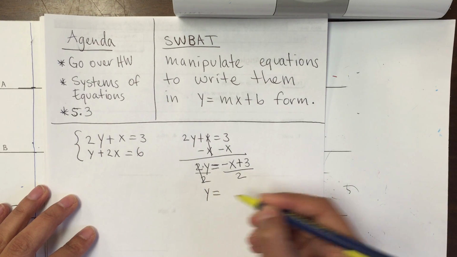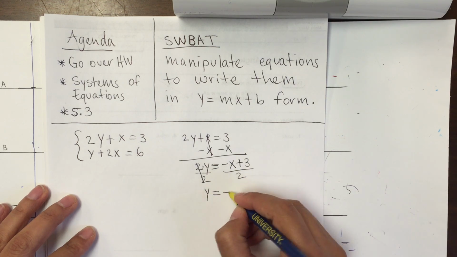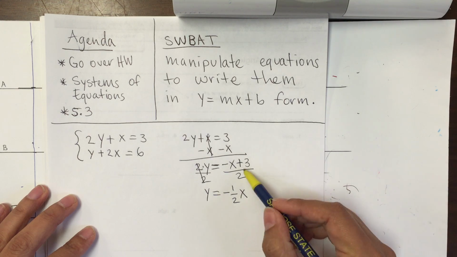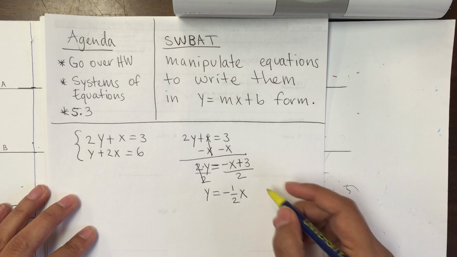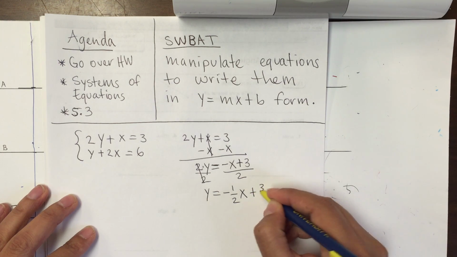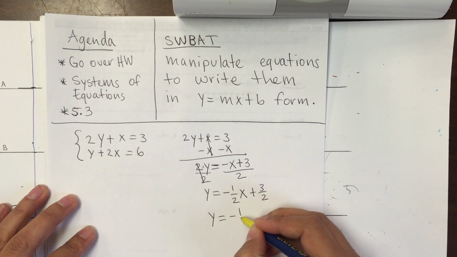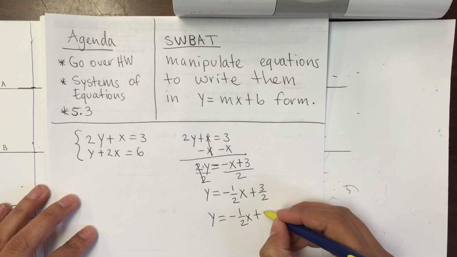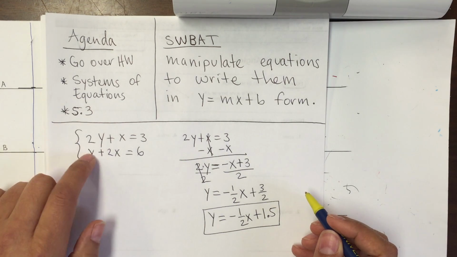And so my y equals negative x divided by 2, which is negative 1/2 of x, and then positive 3 divided by 2. You can just leave it as plus 3/2, or simplify it as negative 1/2 x plus 1.5. So this will be the first equation.